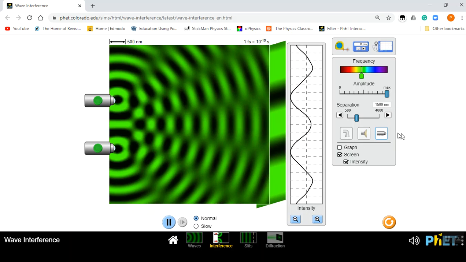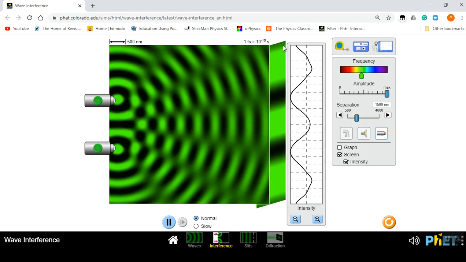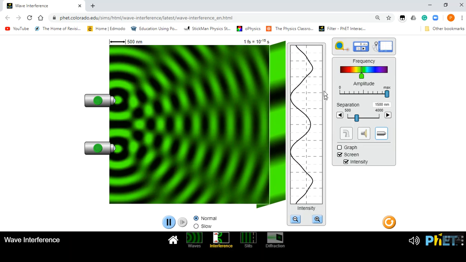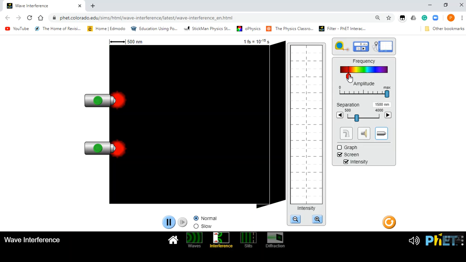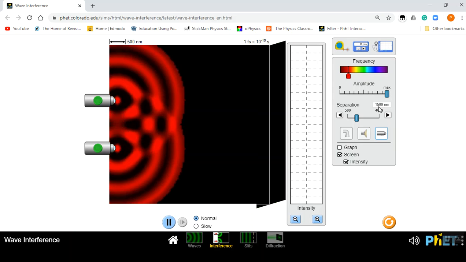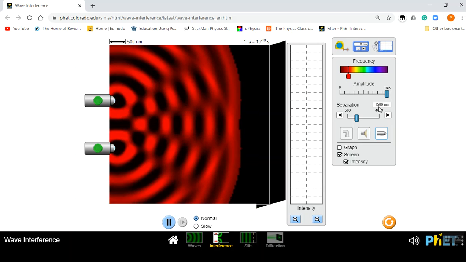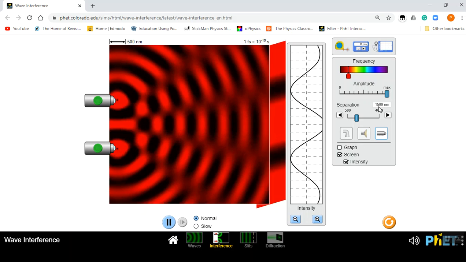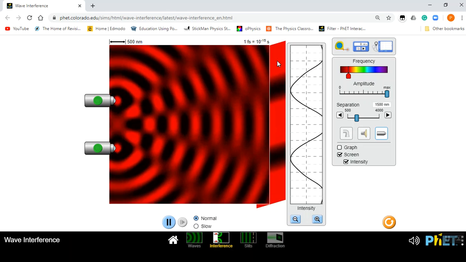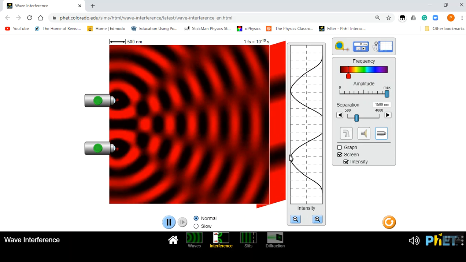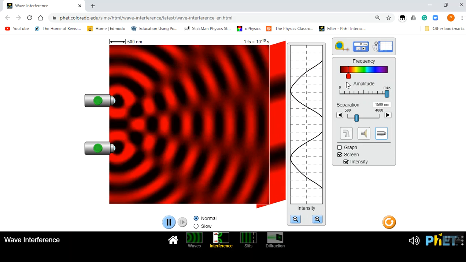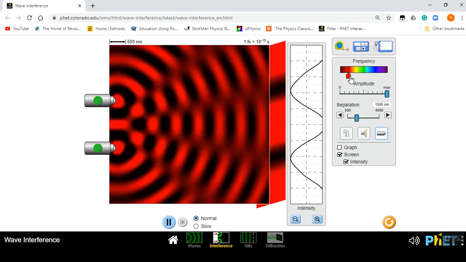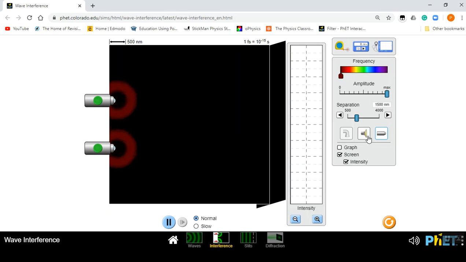Now we still see 3, but we're basically not seeing the dark bands on the side anymore. Let's go to red then. We can see that it's definitely shifting, spreading out. The lower the frequency, the higher the wavelength, the bigger the diffraction.